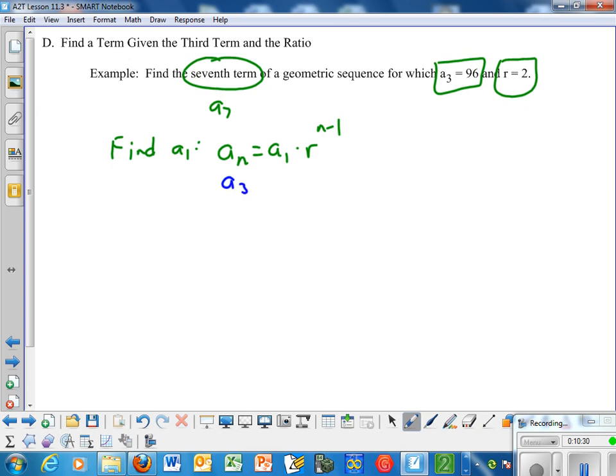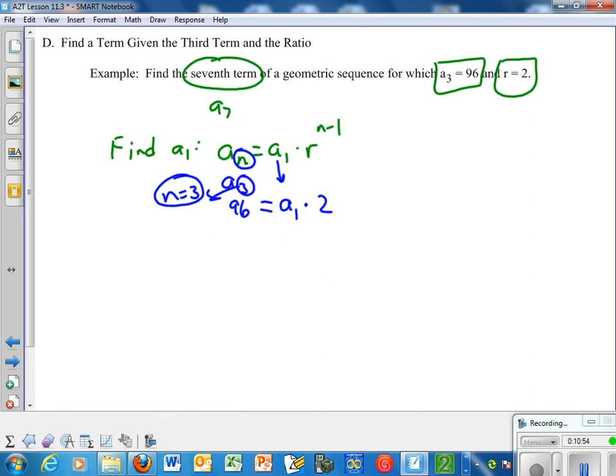We know the third term. So A3, which is 96, is equal to A1, which we don't know and are trying to find, times R, which is 2, to the n minus 1 power. Notice the 3 here is in for the n, so n is 3.